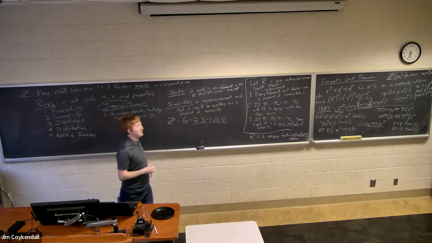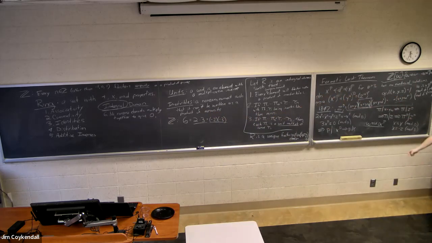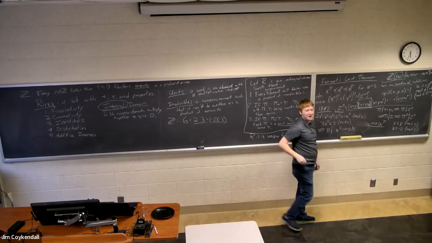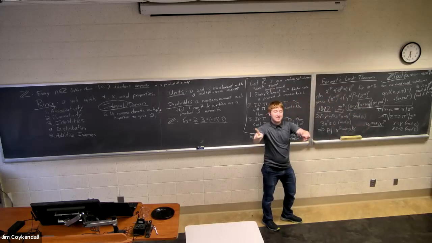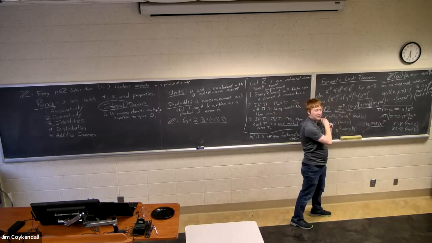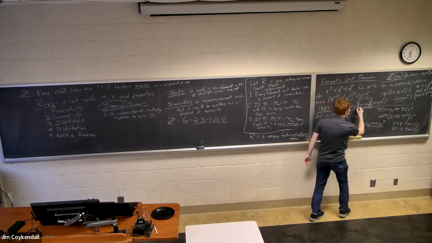We assumed that that was a UFD. In that, we said, well, we've got an irreducible factor here, which means that it must appear on the other side. And once it appeared on the other side, we also said p of them are here, which means there must be p of them over here.